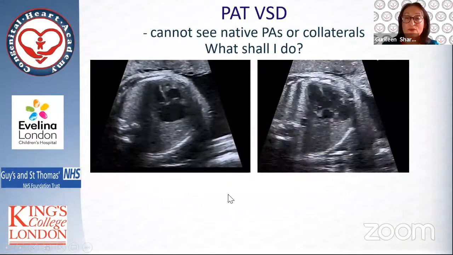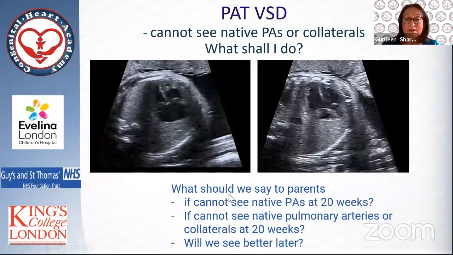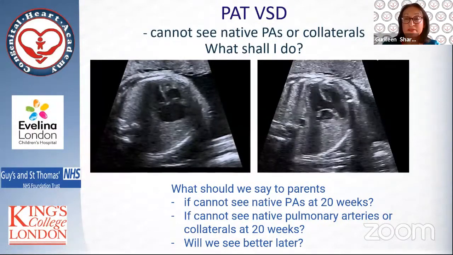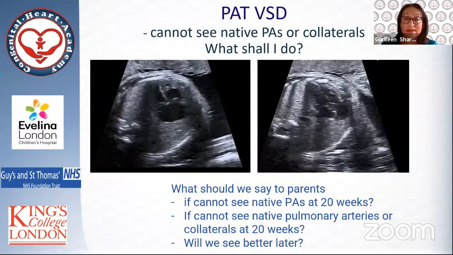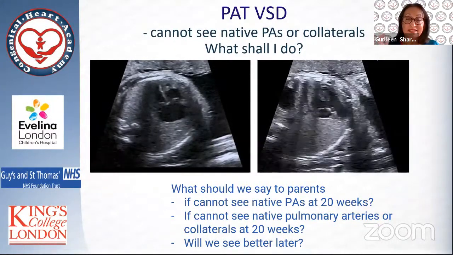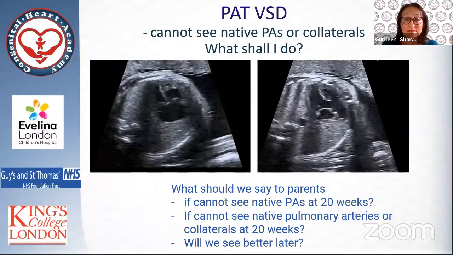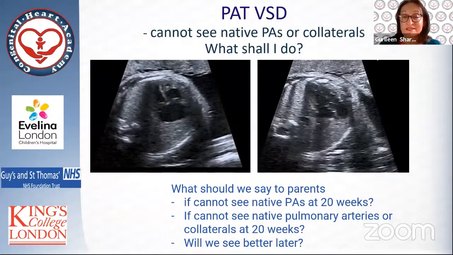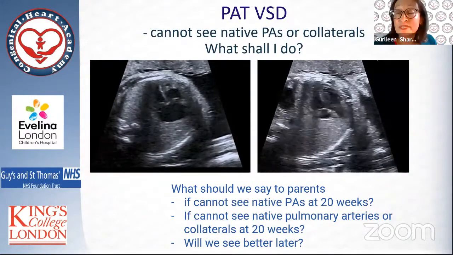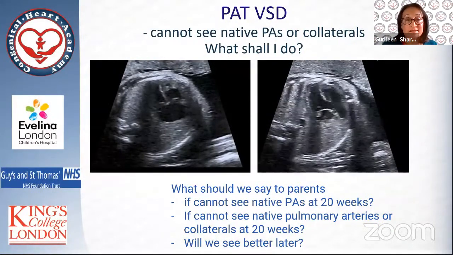We saw it later, but on the first scan, we just couldn't see it. That raises the dilemma about what you say to the parents about what's going to happen. Pulmonary atresia with VSD is a spectrum of abnormality, and the outcomes vary significantly depending on the exact anatomy. So what do we do if we can't see enough to give us the information we need for counselling the patients, and would we see better later?